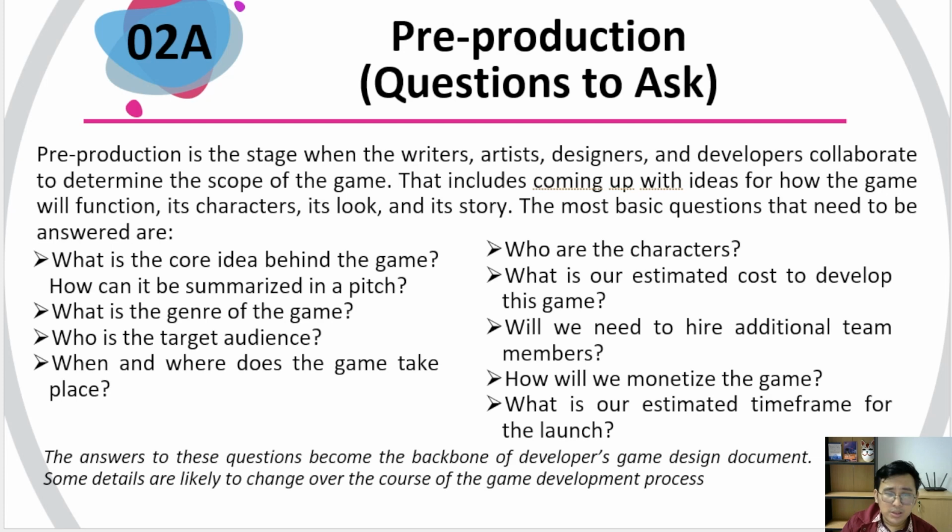The next question is: how do we determine the genre of our games? There are a lot of genres of games that we are supposed to know of, but if you are not familiar with the genre, you can always do your own research about it.